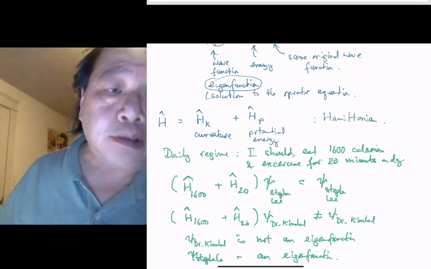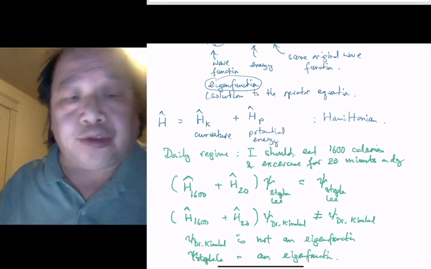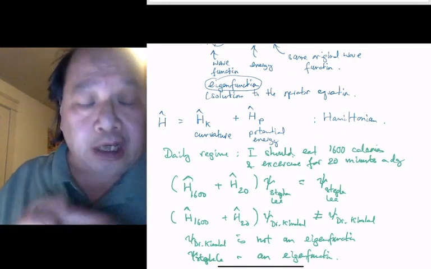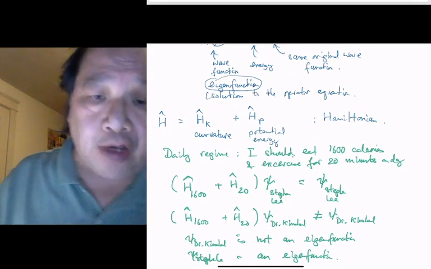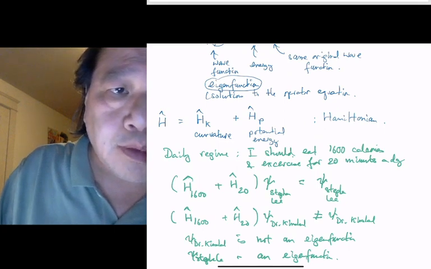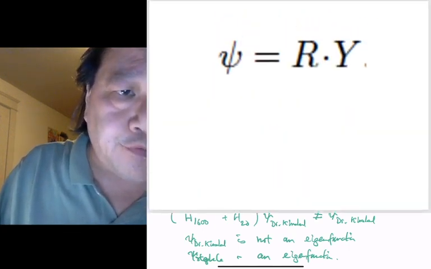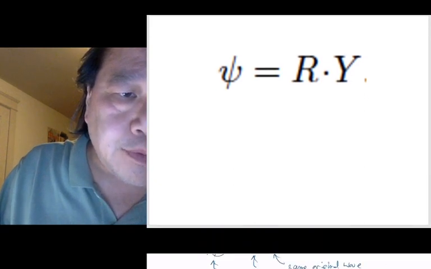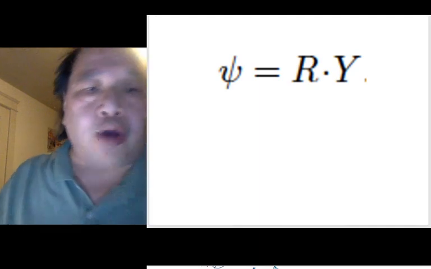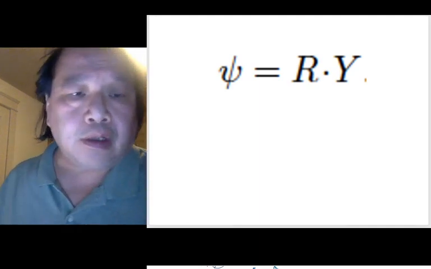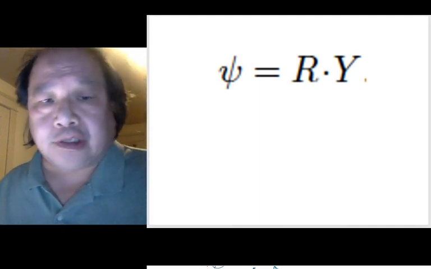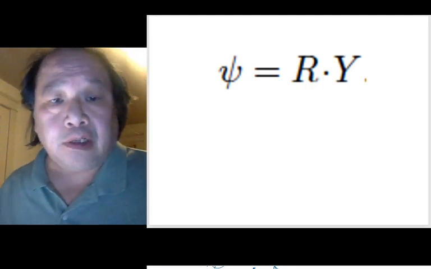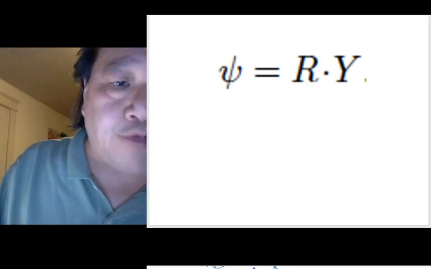And since Schrödinger actually knew the exact mathematical form of the curvature operator and the potential energy operator, he could find the solutions. When he did that for the atom, he found that the solutions always obeyed the following result: Psi equals one function, the radial function, times one function, the Y function.